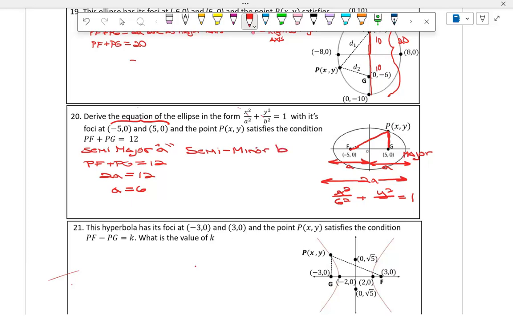And we use this relationship, c squared plus b squared equals a squared. Okay. C is our focal points. Okay, so C is equal to 5. We figured out that A was 6. So this is 5 squared.